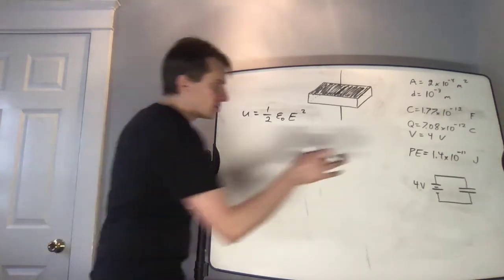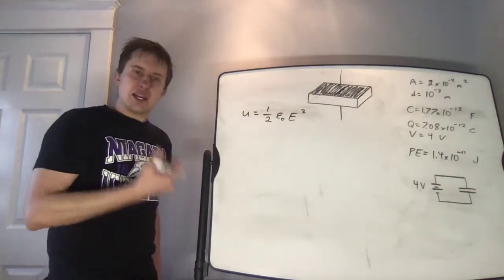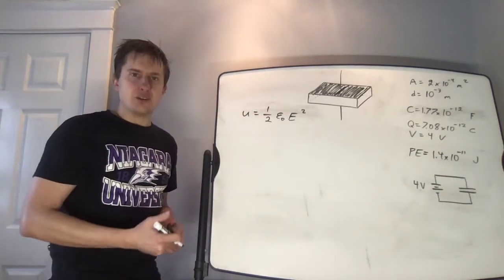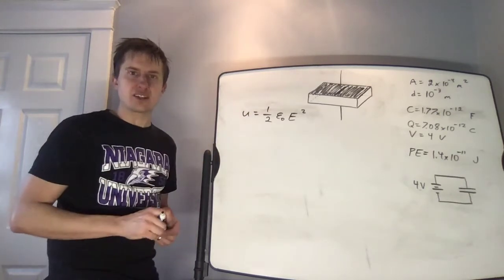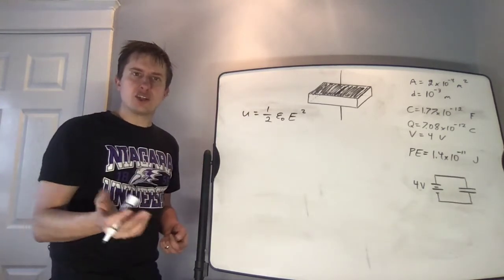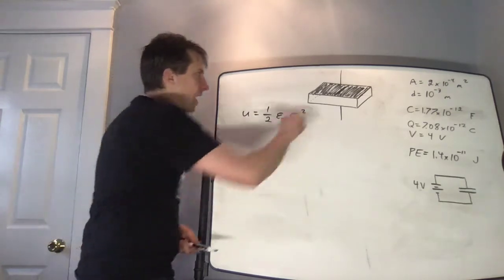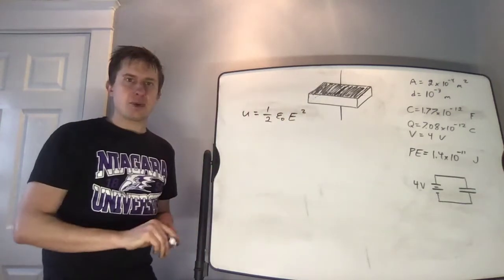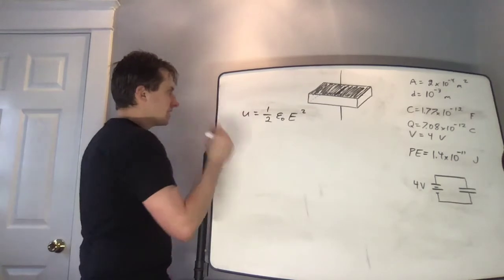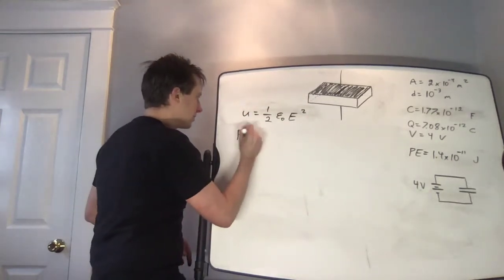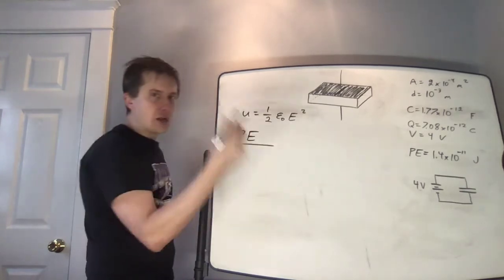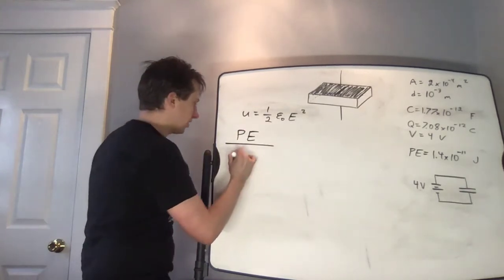The energy that is stored by the capacitor is stored in the electric field, and the electric field exists between the capacitor plates. So that energy is going to be distributed in the volume between the plates of this capacitor. So I could say the energy density will be the energy stored by the capacitor divided by the volume between the capacitor plates.